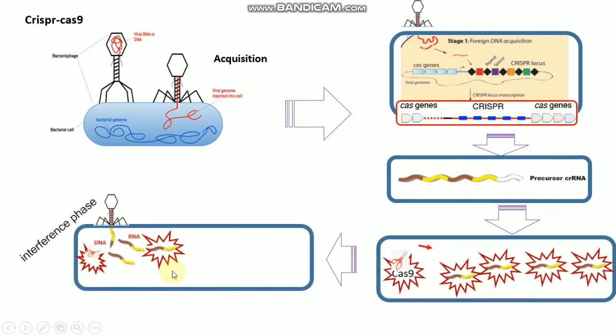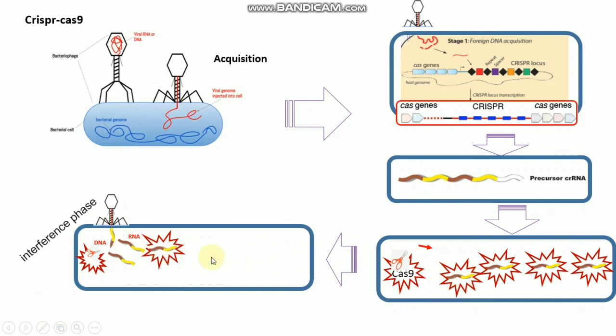The next phase is the interference phase. When the same virus attacks the bacteria a second time, the CRISPR-Cas9 complex is able to identify and silence the foreign DNA. As you see here, this is the CRISPR-Cas9, and it contains the RNA.